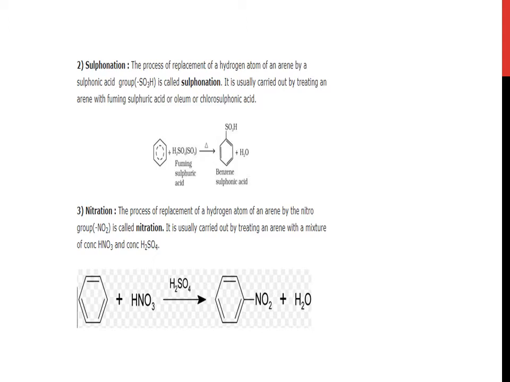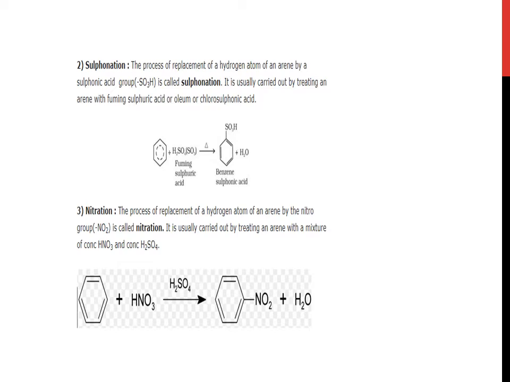Sulfonation: the process of replacement of a hydrogen atom of an arene by a sulfonic acid group, SO3H, is called sulfonation. It is usually carried out by treating an arene with fuming sulfuric acid or chlorosulfonic acid.